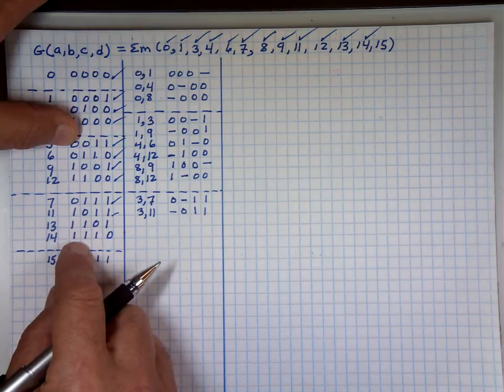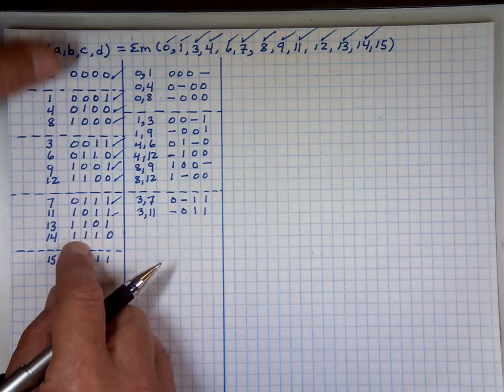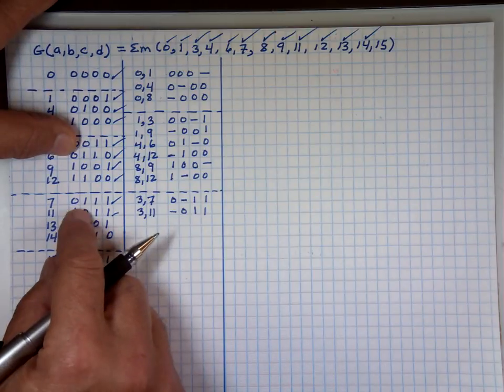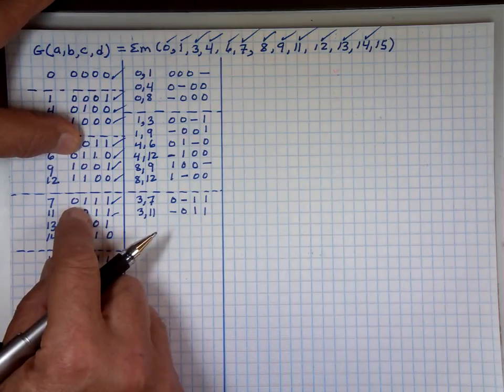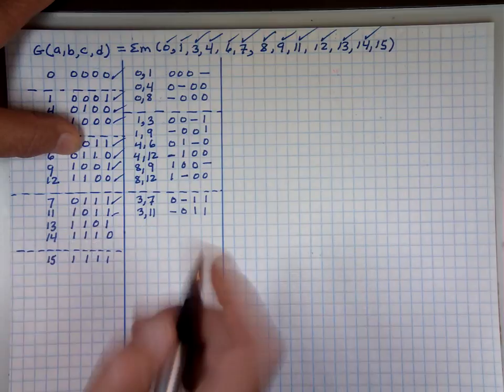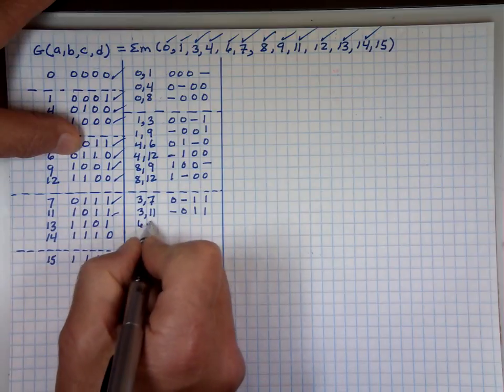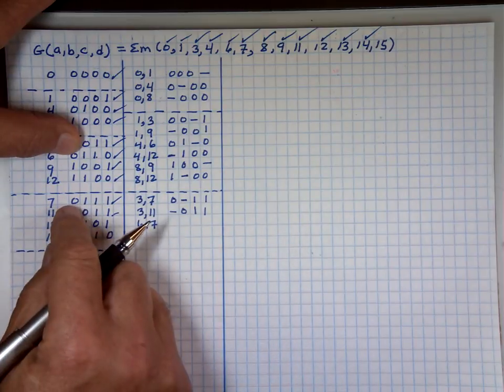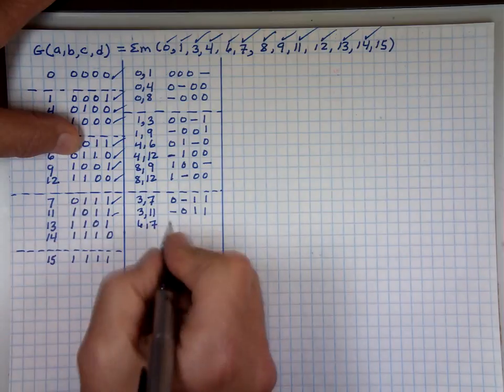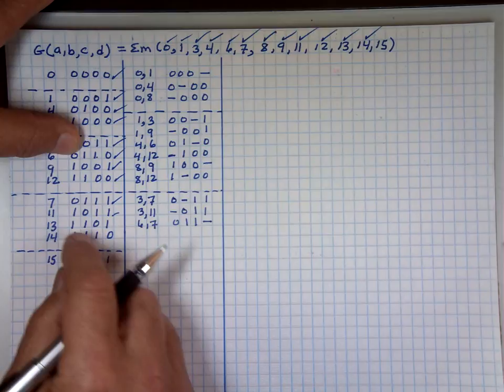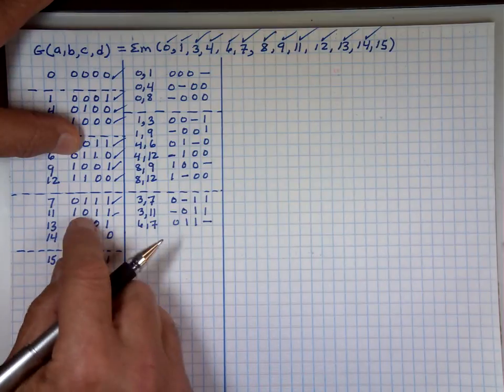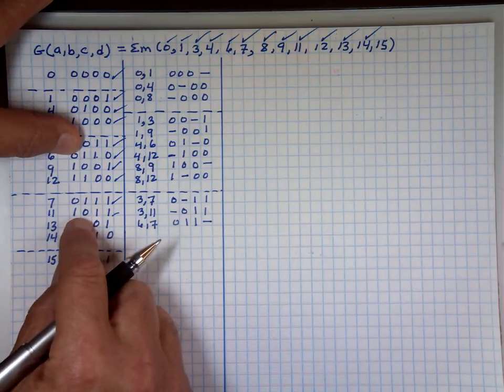No. Let's start with the 0 now. I mean with the 6, not the 0. The 6. 6 and 7. Yes. 0, 1, 1, dash, right? 6 and 7, that was. How about 6 and 11? There's no 8. 6 and 11.